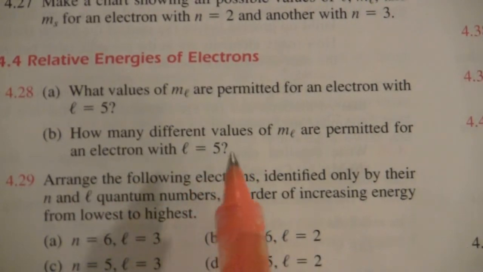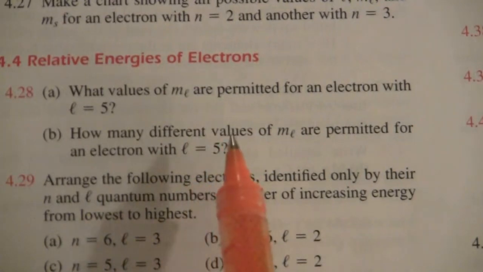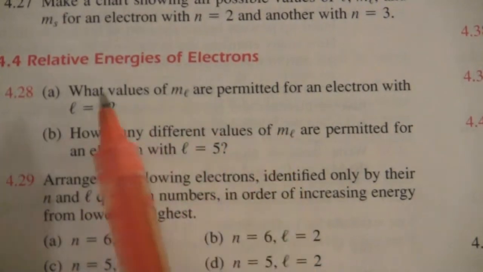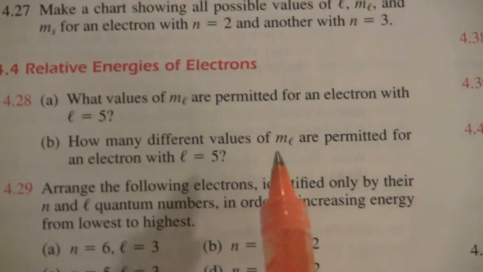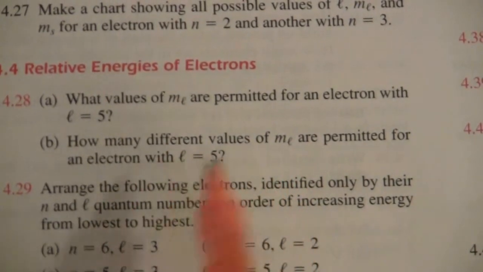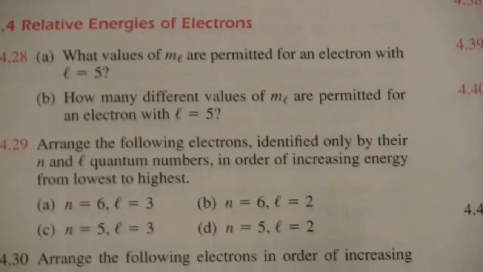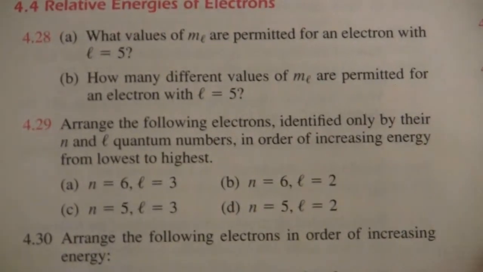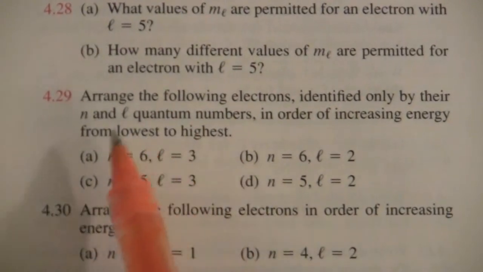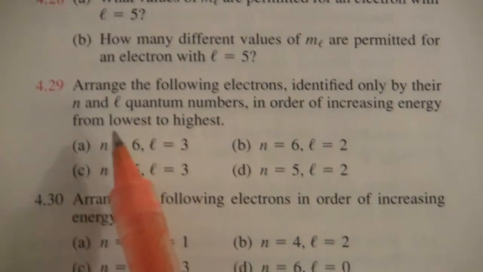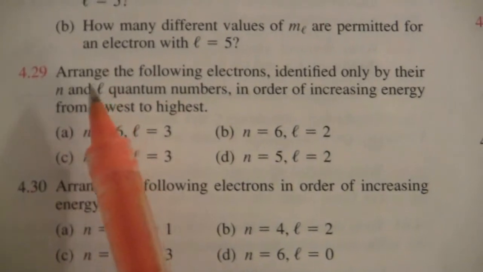Here it's asking what are the values; here it's asking how many different values there are. Well, there's 11, and they are 0, and then plus and minus 1, plus and minus 2, plus and minus 3, plus and minus 4, and plus and minus 5.